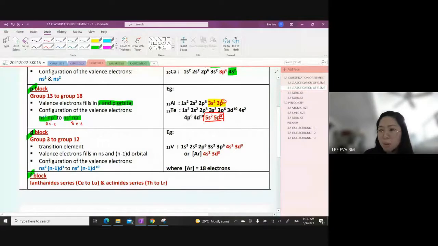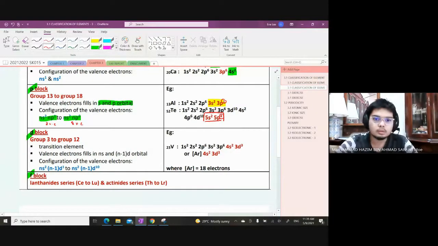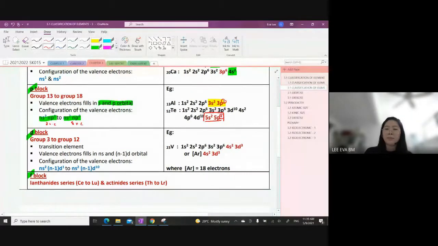Sorry, Hazim, your question? Okay, tak apa. I know this one is not according to Aufbau. But whenever you see the d orbital is fully filled, then we classify it as one shell. So the first n equal to 1, the first layer, the second layer, then the third layer.